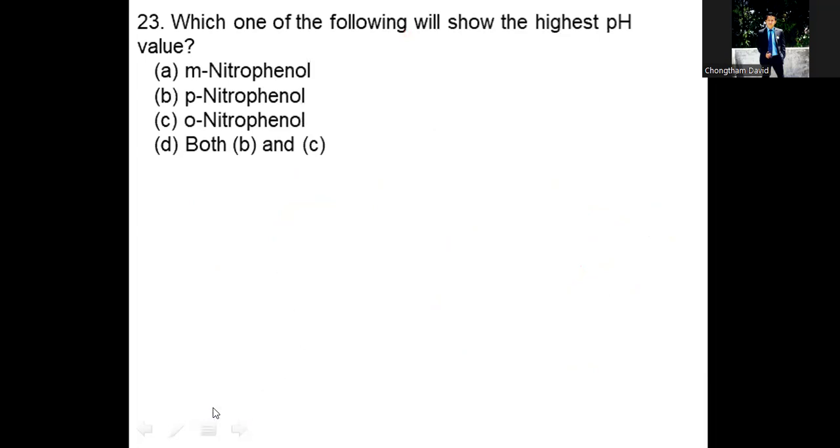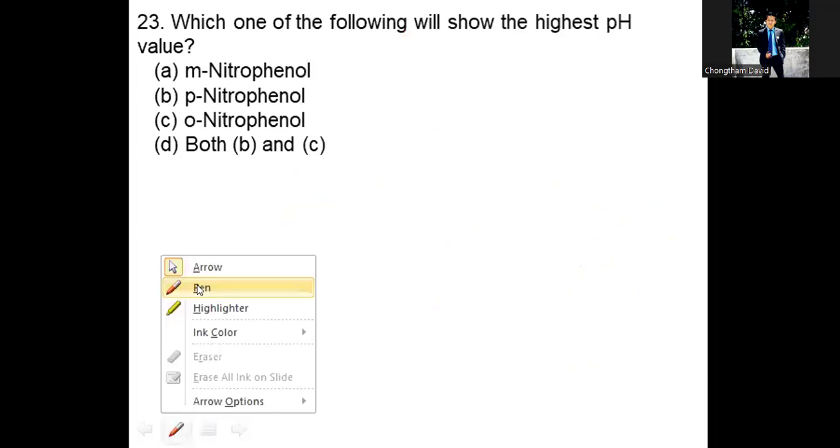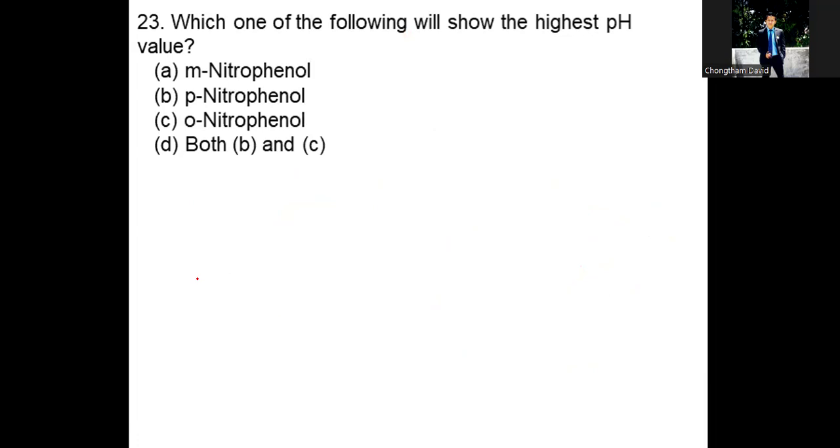Which of the following will show the highest pH value? Question number 23. You have to answer this based on resonating structure as well as the one which shows minus I effect. See, in case of meta-nitrophenol, the operational effect of this nitro group is electron withdrawing inductive effect.